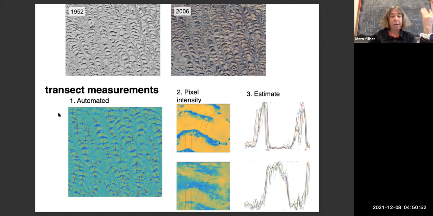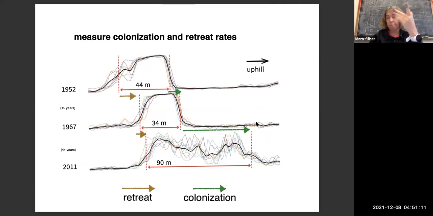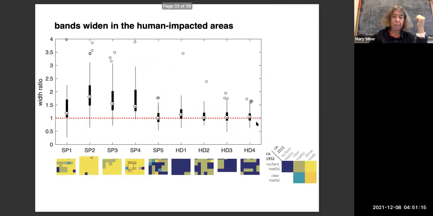And what he was able to do with this, and I just want to point out that this is possible, is you can look here at what's happening to the band width. He could match them one-to-one, these bands between the past and the present, and automate getting the width of the bands: are they getting wider because of upslope colonization or retreat?